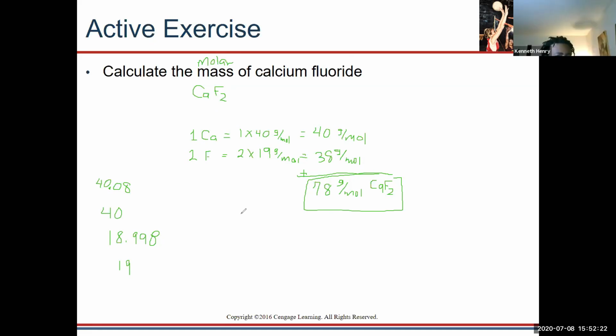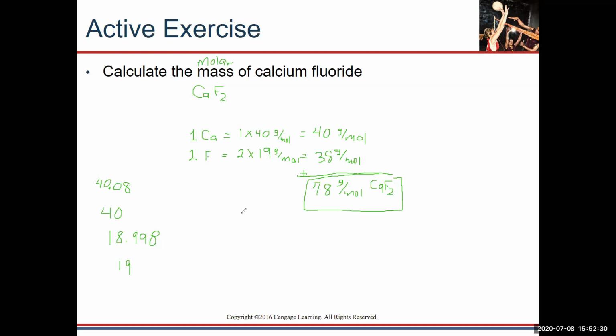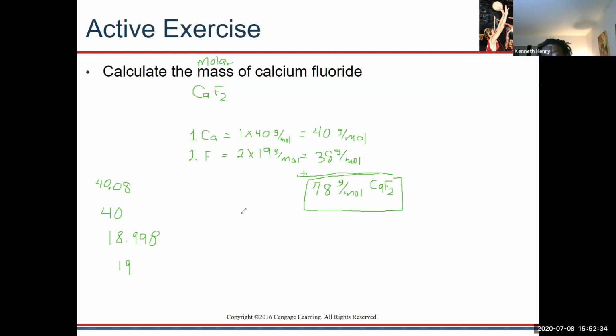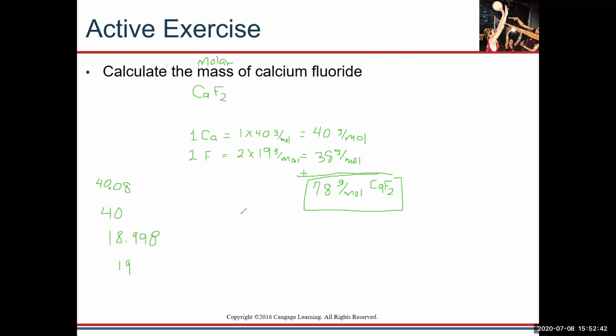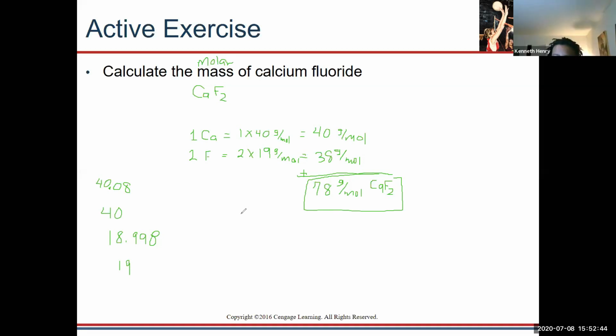Piece of cake. So that's why we need to know the chemical formula. If your chemical formula is wrong, do you get the right molar mass? No, right? So that's why it's important. You need to make sure that you have your chemical formula because that's what you're going to use to calculate your molar mass. Now, do you see why it all plays together?